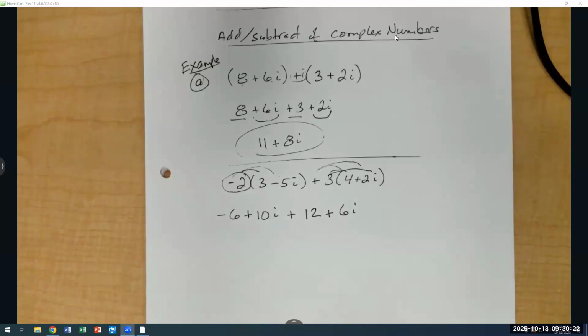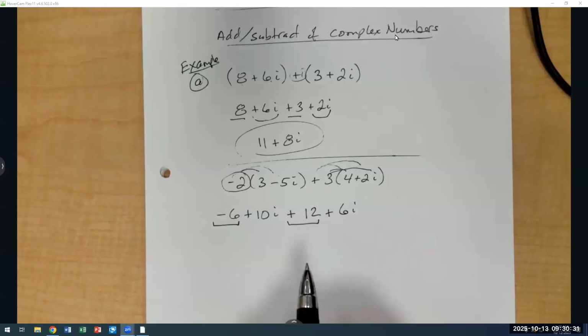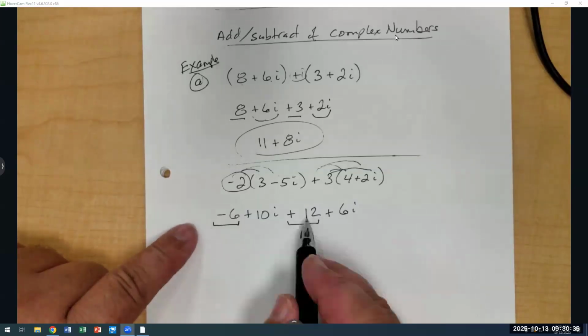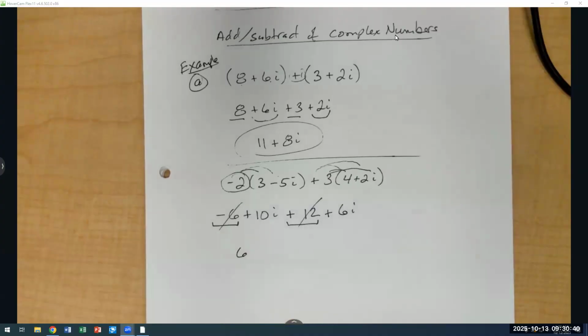Again, always following the same steps we did from day one. Combine like terms. Negative 6, positive 12. Opposite signs, so we take the sign of the larger, it's positive, and subtract them. 12 minus 6 is 6. That goes with those two.